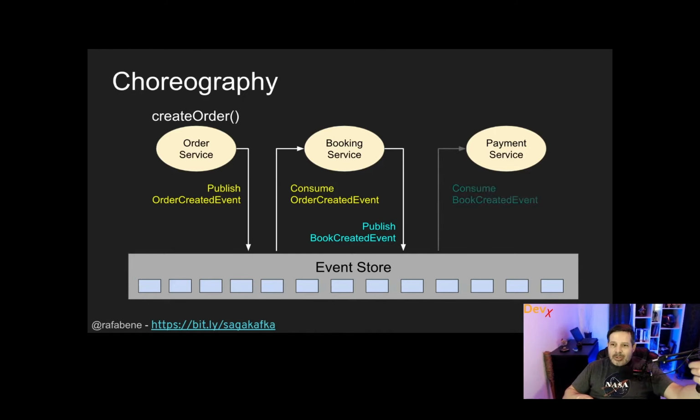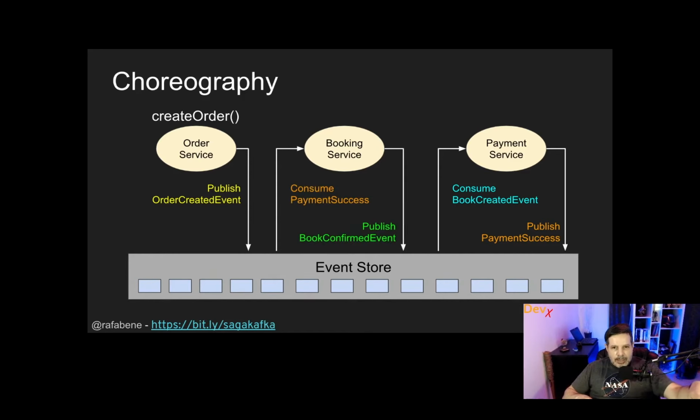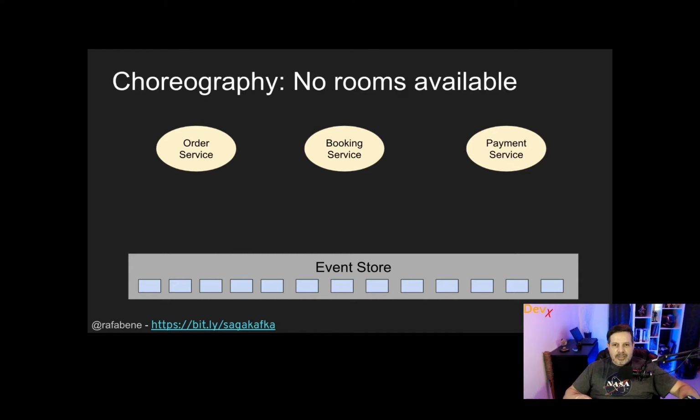The payment reads the booking created event, proceeds with the payment, and publishes payment success. The booking will consume the payment success and confirm the booking, and the order will read that the booking is confirmed, and the use case is completed.